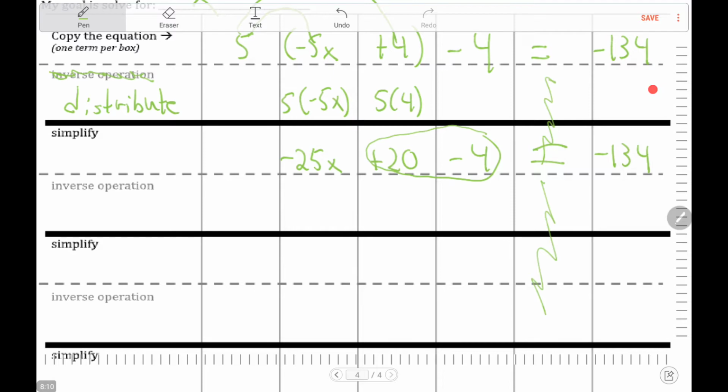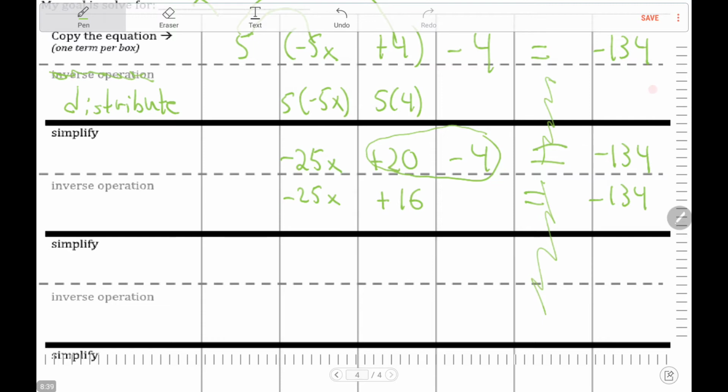So that ends up being 16. Okay. So we get negative 25x plus 16 equals negative 134.